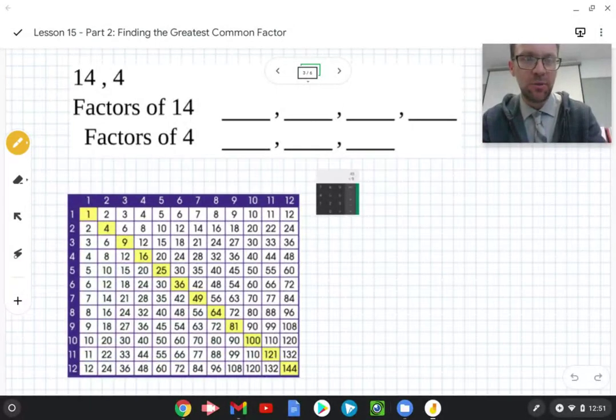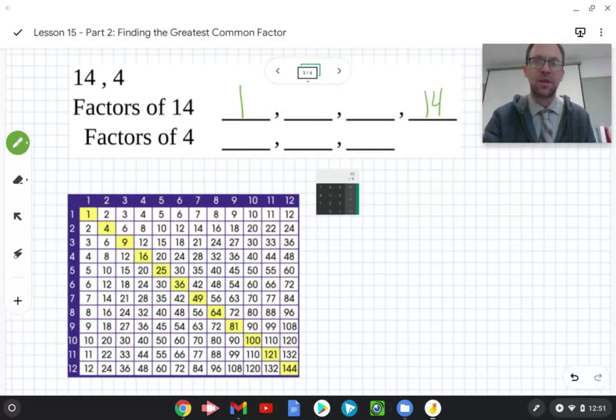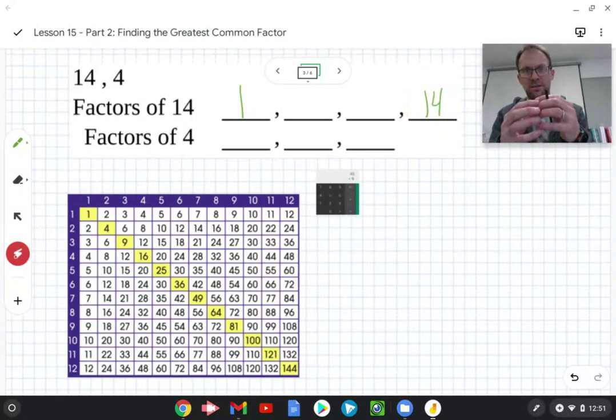The first number we can always think about is 1. 1 times the number itself, in this case 14, will get you 14. I wrote a pair of numbers here, 1 and 14. Recall that factors always occur in pairs. They're called factor pairs. So the first factor pair for 14 is 1 and 14.